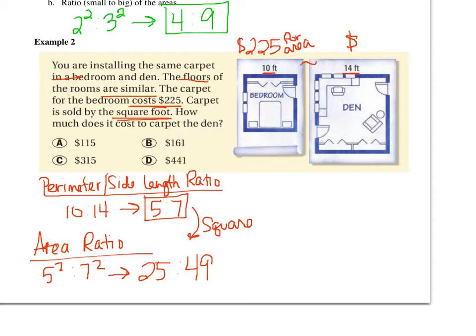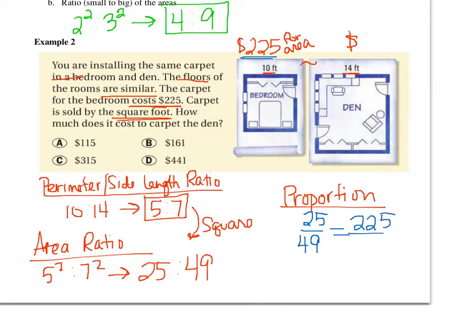So now that I have my area ratio, I can write and solve a proportion. I'm going to use my area ratio, 25 to 49, and we're used to writing proportions as fractions, so we can do that still, equals, now this 225 is for my smaller room, so 225 is going to go on the top, and then x will go on the bottom.